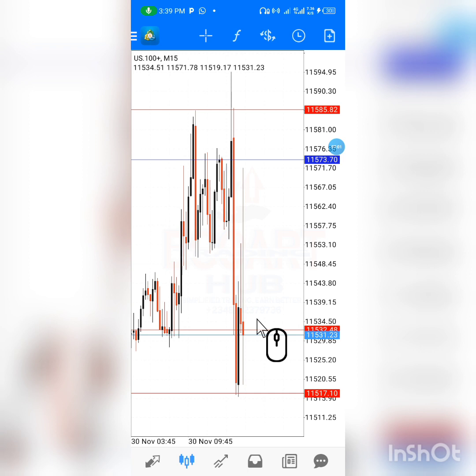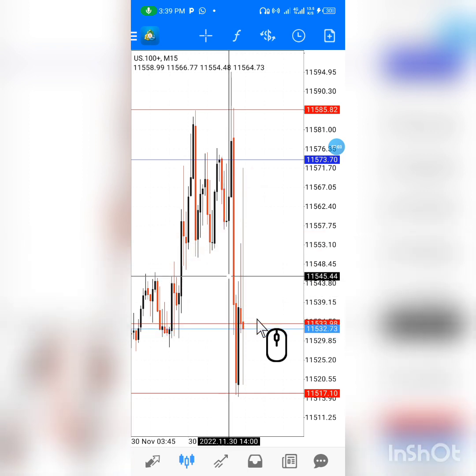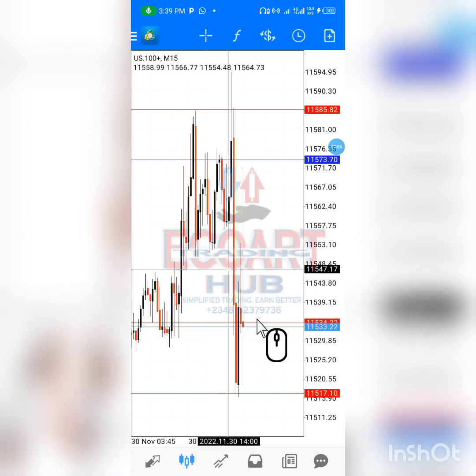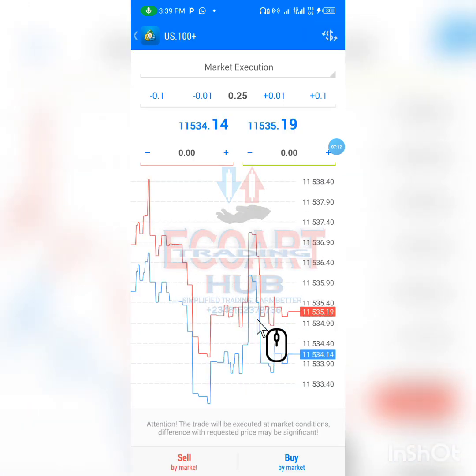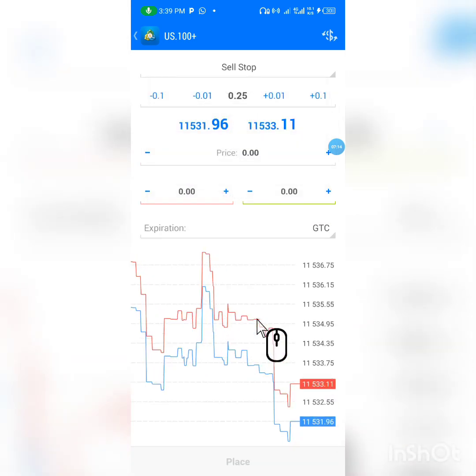Now we're going to place a buy stop and a sell stop. I'm going to pick this price for my buy stop, 11547. Oh, sorry.